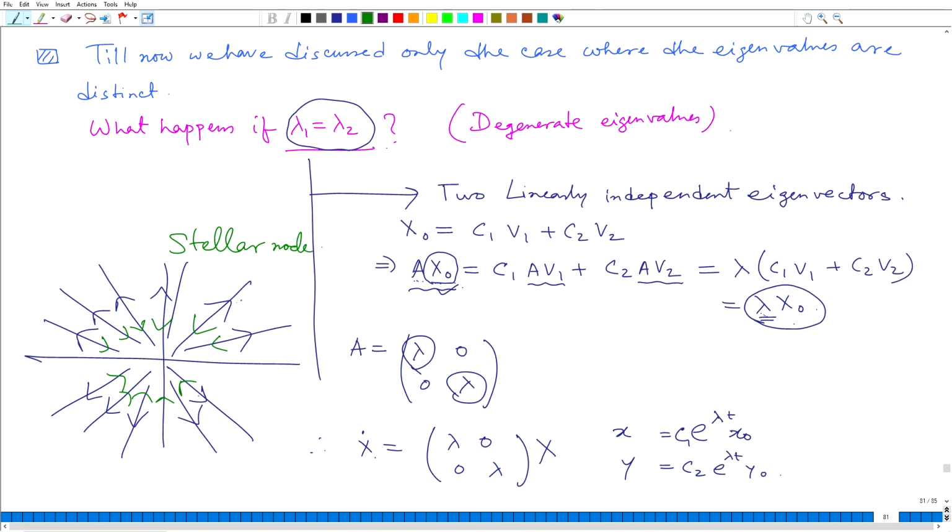So, here in this case this is a repeller, star repeller or stellar repeller, and here this is an asymptotically stable node, okay. So, this we all know.